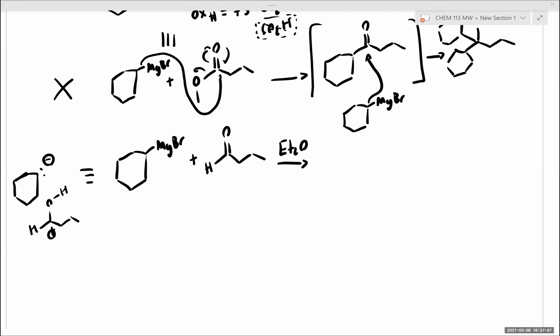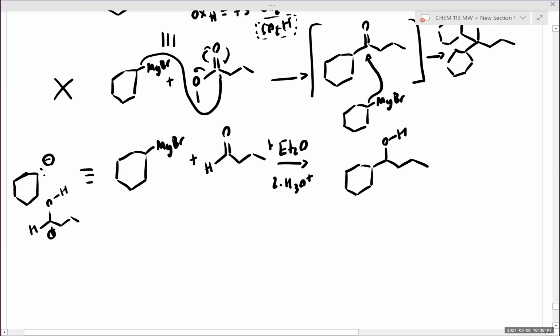So as drawn, we would be able to easily make our desired secondary alcohol by mixing our Grignard and aldehyde and then quenching with acid. So we would be able to pretty easily make this substituted secondary alcohol.